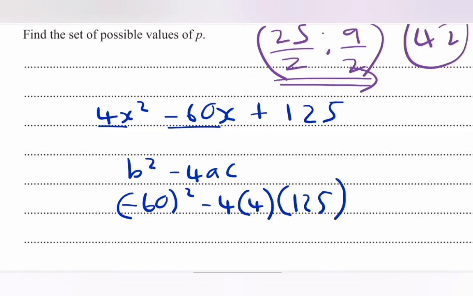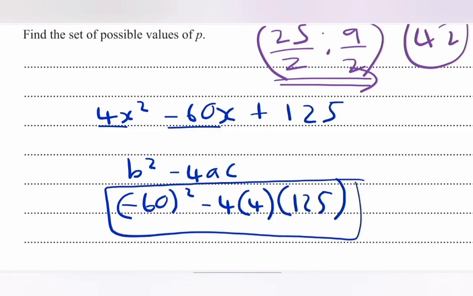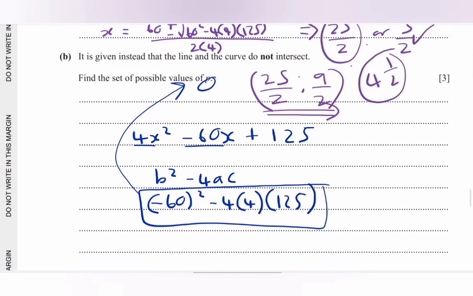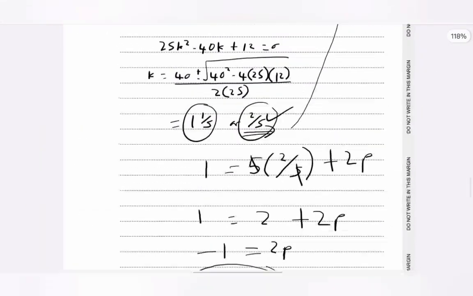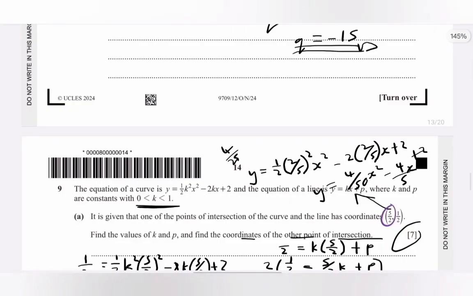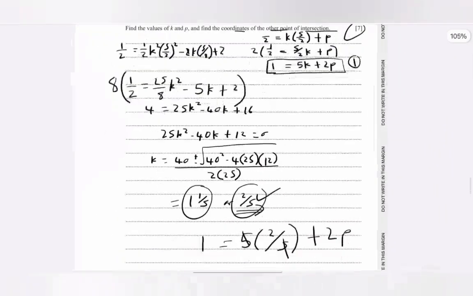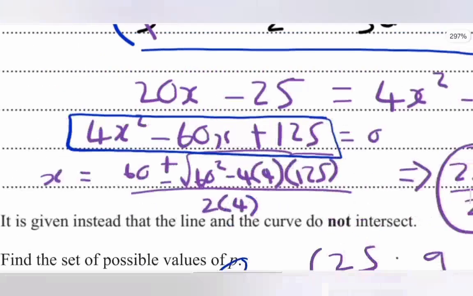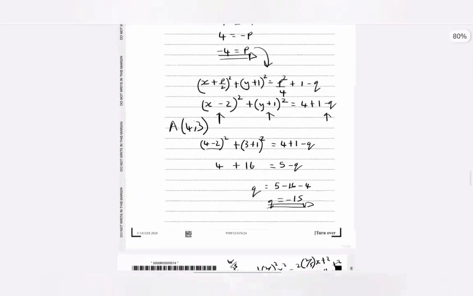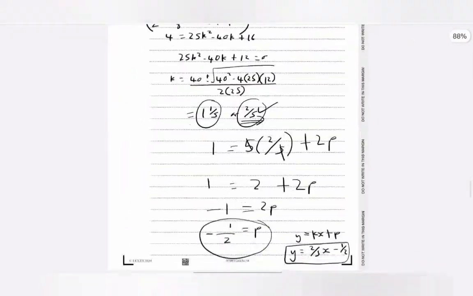But as you can see, this is going to give us a number, and yet we need a set of values of p, and that is telling us that we need to use something in terms of p. So let's try and use these instead, these original equations that we're given, and equate them. So the curve is y is equal to half k squared x squared minus 2kx plus 2, and the line is y equals kx plus p.